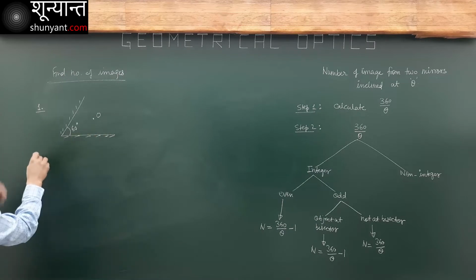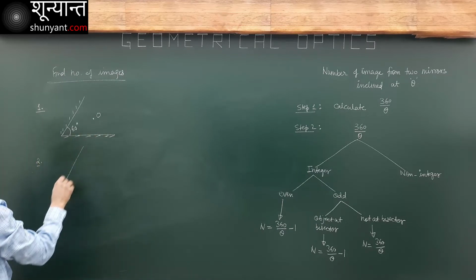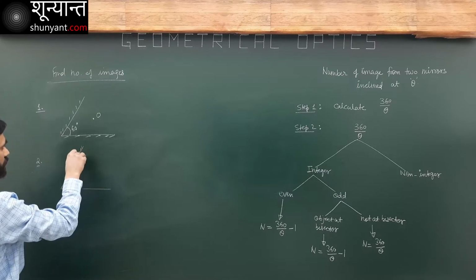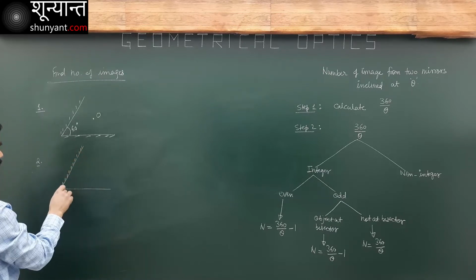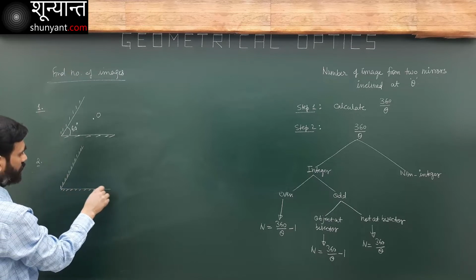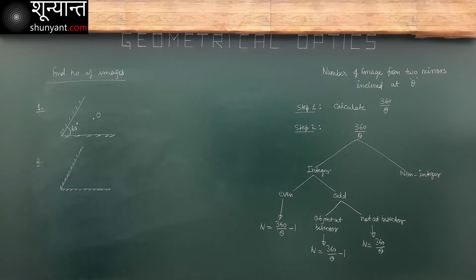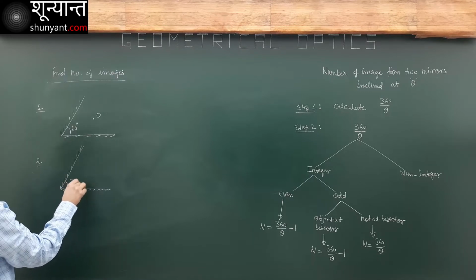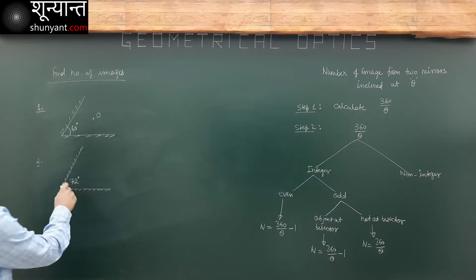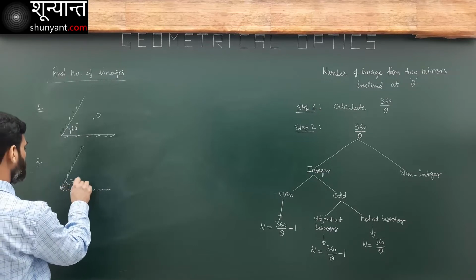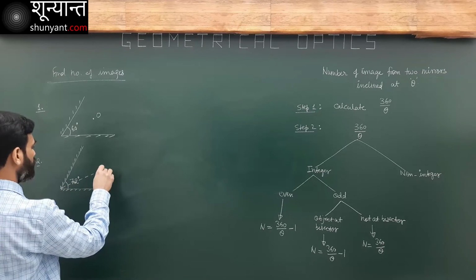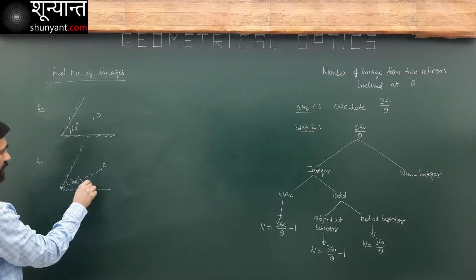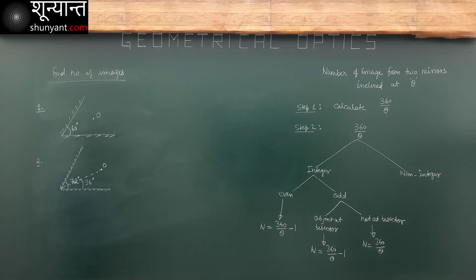Second, this is M1 and M2. Let's say this is 72 degrees, and my object is kept here. This angle is 36 degrees.